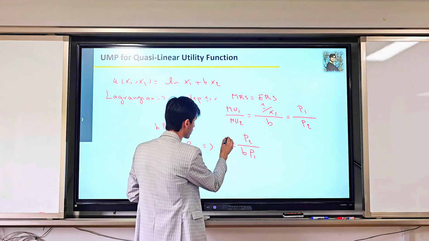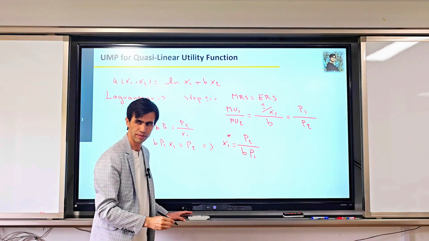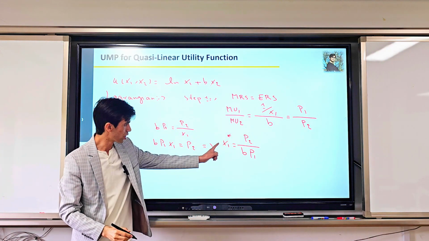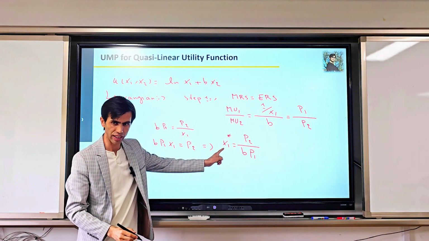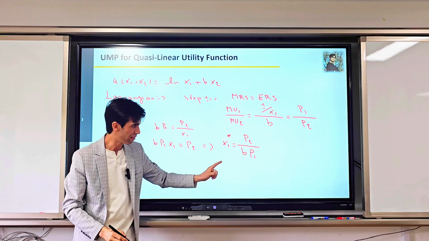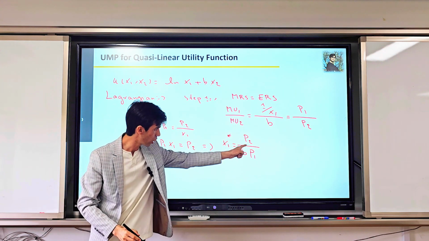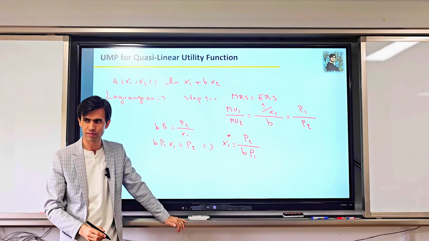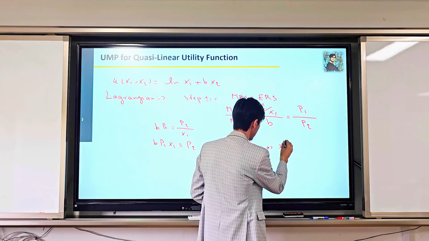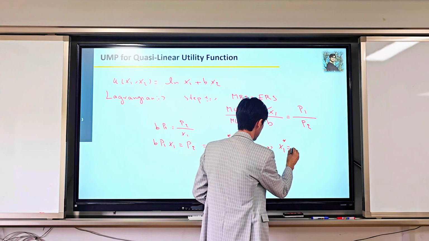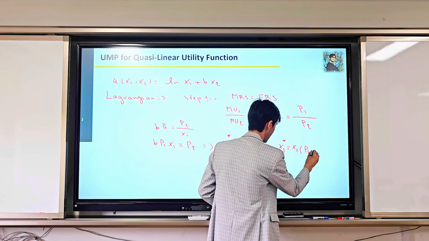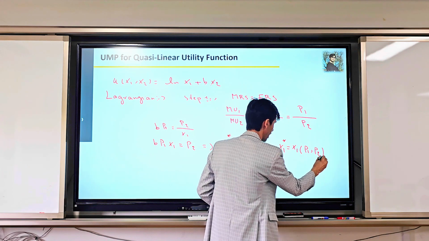This is the optimal level of x1. So the optimal level of x1, which is nonlinear here, is only a function of prices. There is no income here. So we can write that x1 star is just some function of p1 and p2.